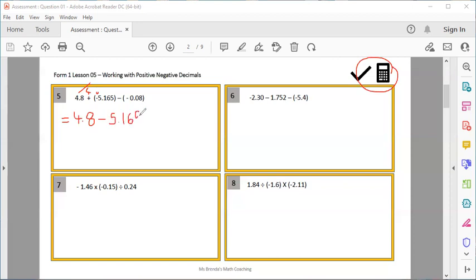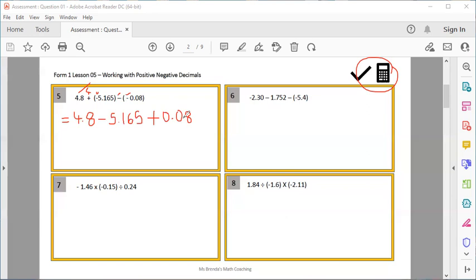So you open the bracket and you get minus 5.165. Now tell me, you have a negative and a negative. You open the bracket, what do you get now? Positive. Positive plus 0.08. After this, you can use your phone calculator. Go to the calculator and key in 4.8 minus 5.165.